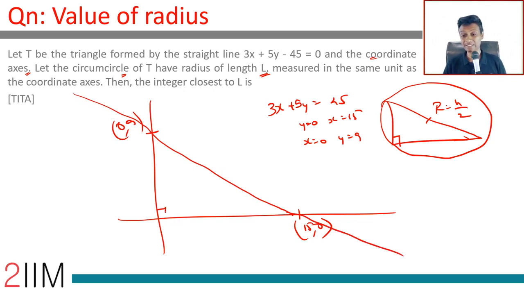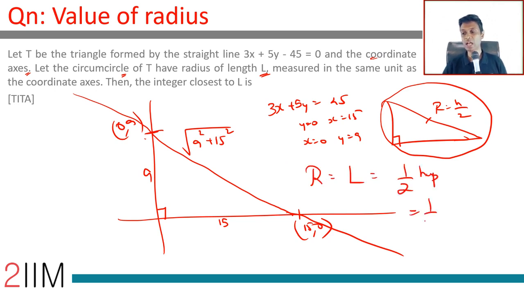A right angle triangle, sides 15 and 9. So the hypotenuse we can find out, just square root of 9 square plus 15 square. Circumradius, which is effectively L in our case, is half of the hypotenuse, which is half of square root of 9 square plus 15 square.